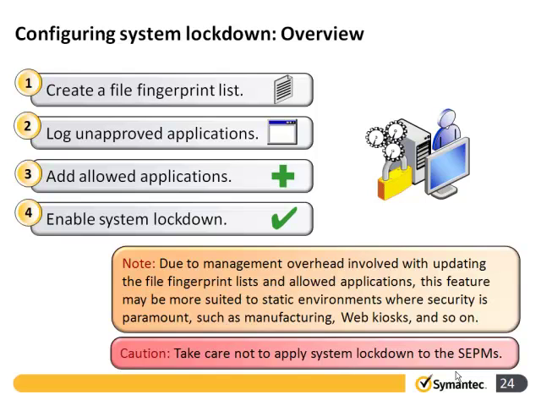And then enable system lockdown so that any applications that are running that aren't on the allowed list would be blocked. There's a warning there that's very worth noting. Take care not to apply system lockdown to the SEPMs. That's one of the key areas you must be very careful about, and it's a good idea to prevent this from happening by always making a separate group purely for the SEPMs, so you can apply different policies to those.